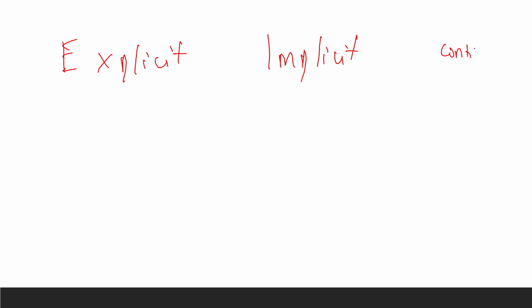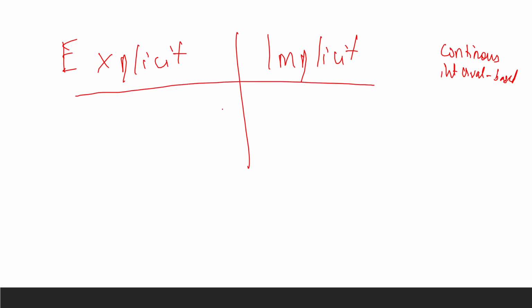The first is explicit, and the other one is implicit. Of course, these can be further subdivided into things like continuous ratings or interval based ratings, but these are the two main broad classifications of your ratings.